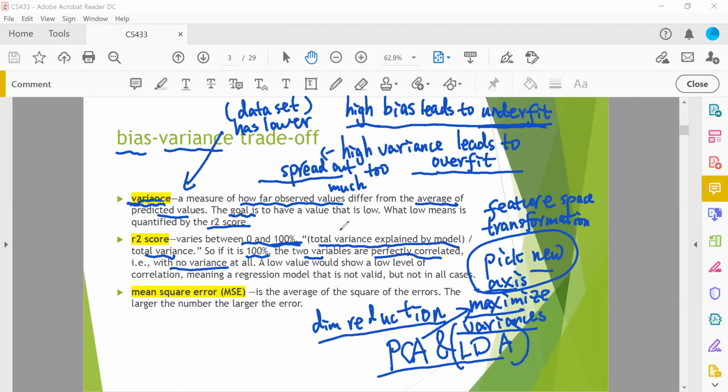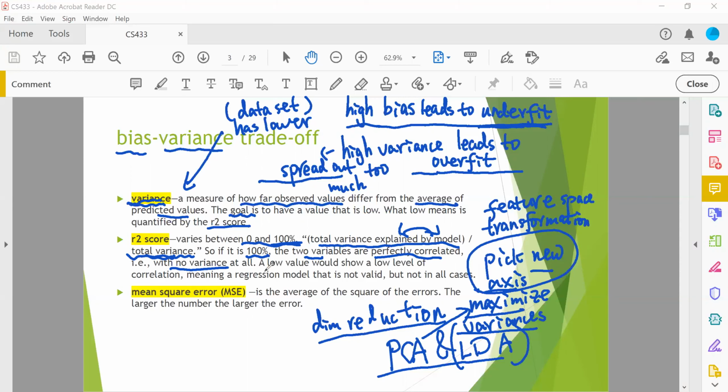Just think about it. It's explained by your model and the total variance. One is your model, one is the real one. Of course, if it is 100%, that means exactly the same.